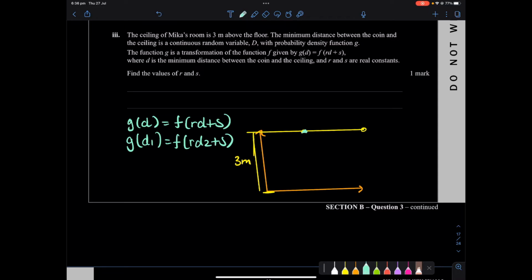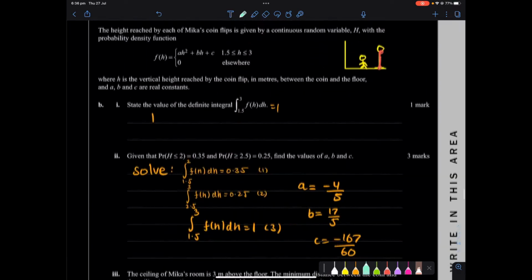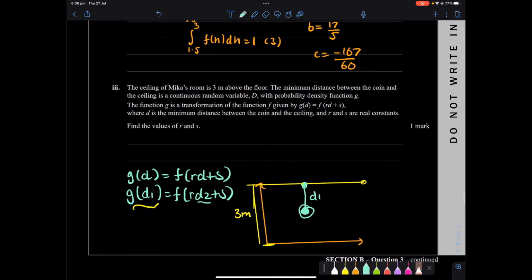So this one, d1, is pretty much from the ceiling. So from here, this is where the coin is. That's the distance d1. And in f(rd2), the d2 over here, that distance is when Mika is throwing it above the floor.